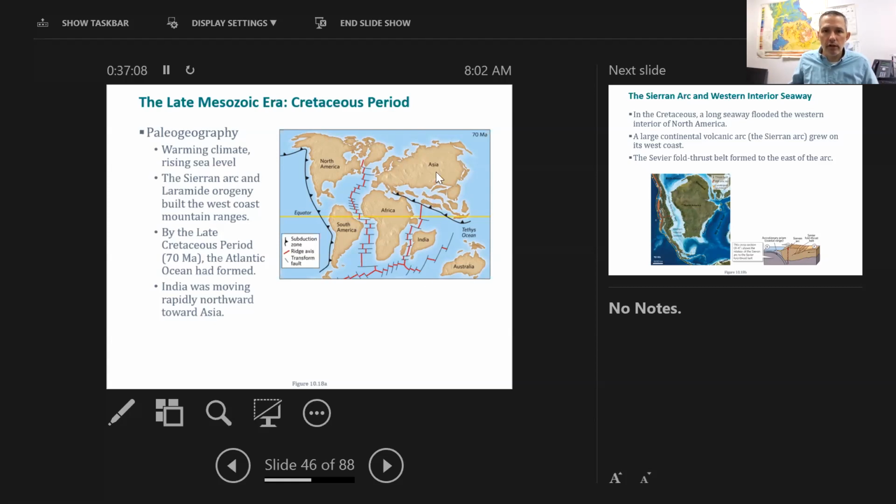It's moving in this general direction. South America and Africa have still pulled apart, and we stole a little bit of the area around Africa in Florida here. And so these rocks are starting to look very similar to what we have today.